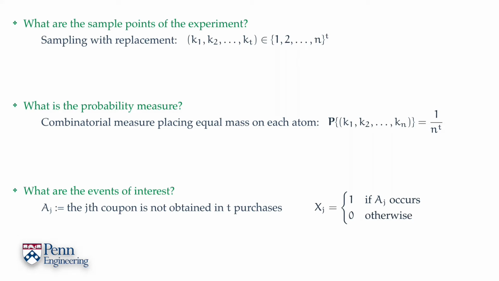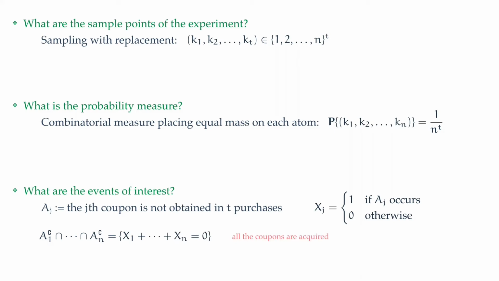The event that I acquire coupon 2 in T purchases is A2 complement, and so on, and therefore the event of interest is the intersection of these complements, this is the good event. The events A1, A2 are the bad events, the complements are the good events. And I'd love dearly to figure out what are the chances of the good event occurring, that I get all the coupons.